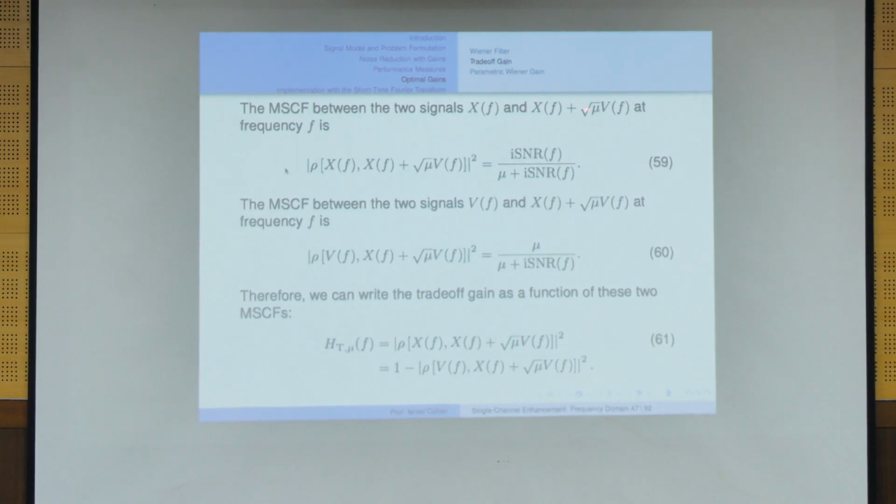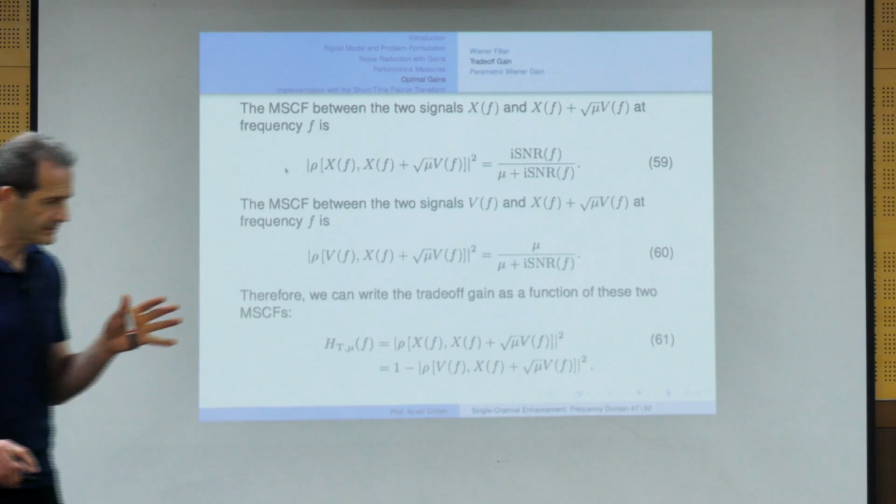We define x plus square root of mu v. And then we define the coherence between both of them. And then we can write the trade-off filter as the magnitude squared of this coherence function. And it makes sense, right?